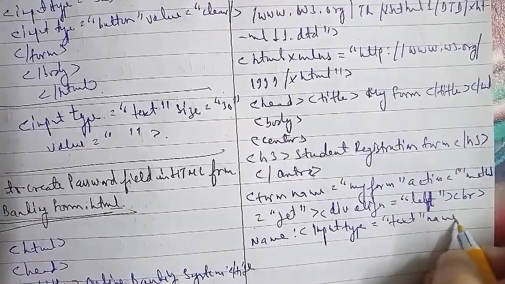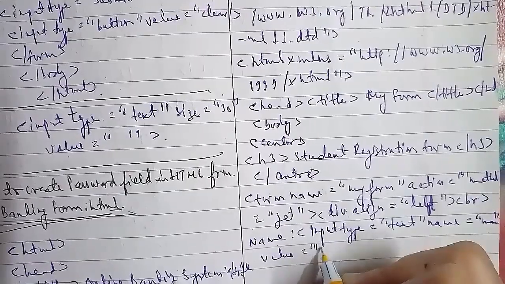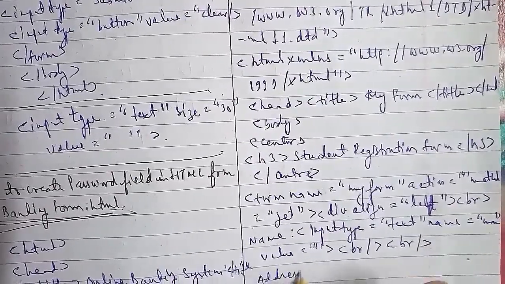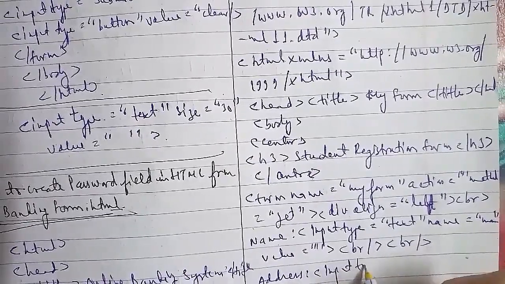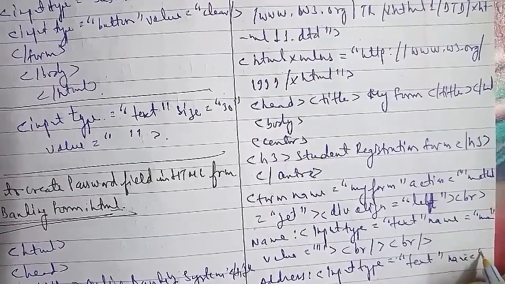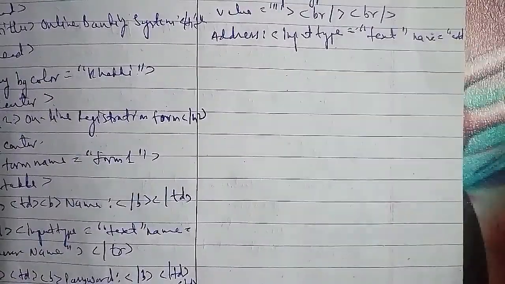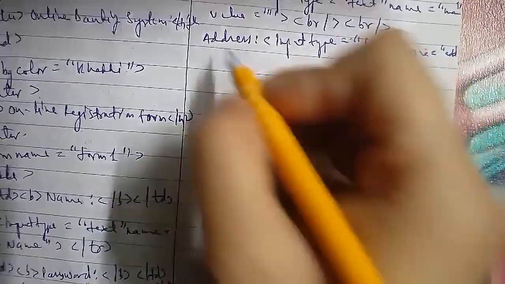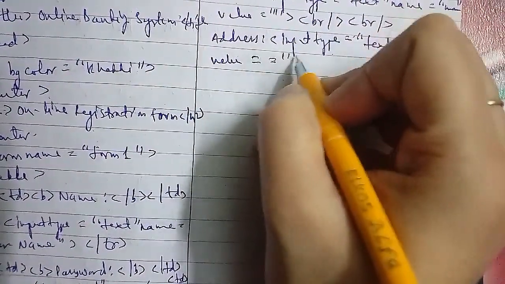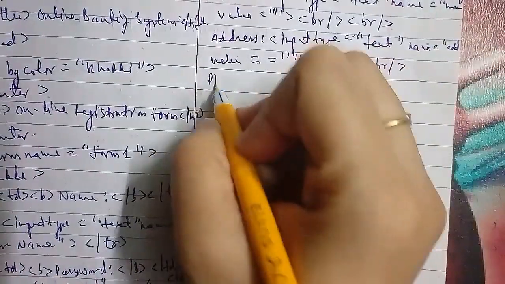Then talking about sex, that is input type equals to radio, name equals to group1, value equals to male, either male or another input type equals to radio, name group1, value equals to female, break, then break.